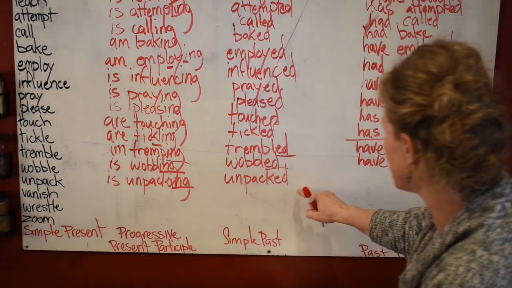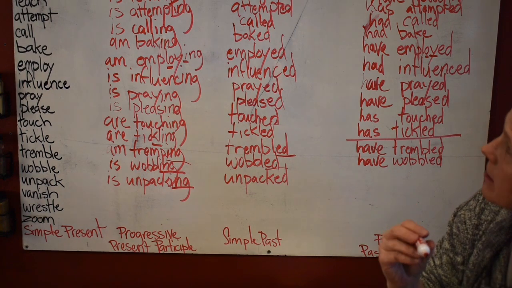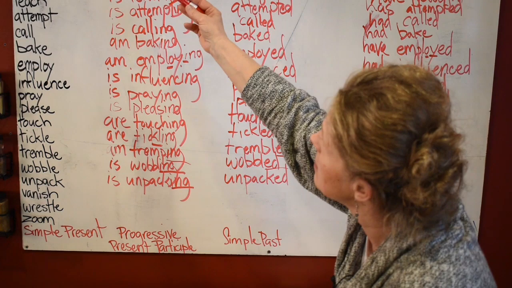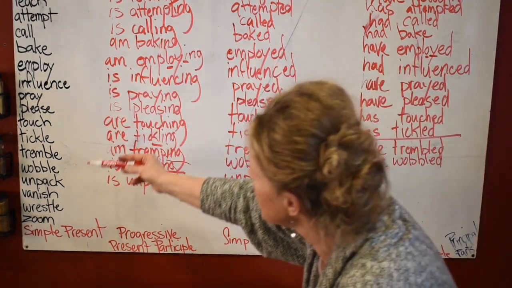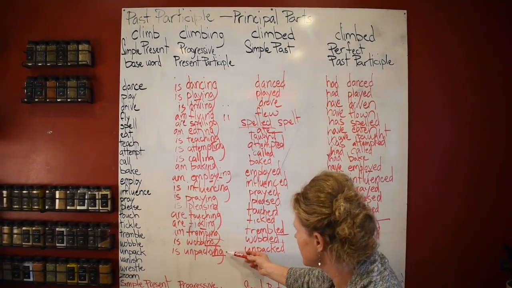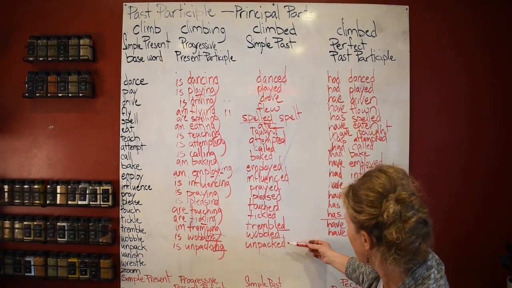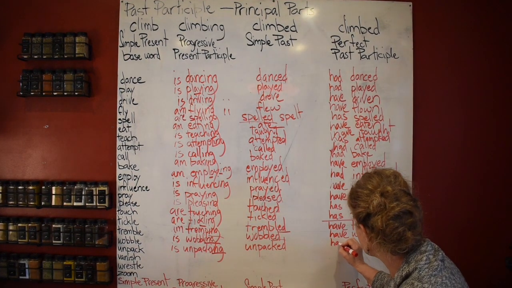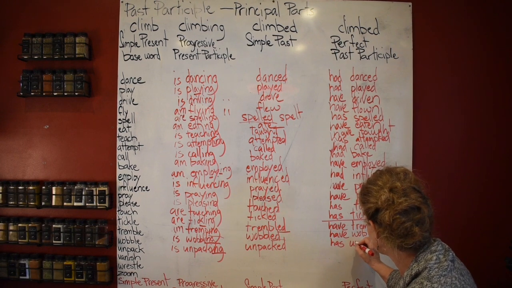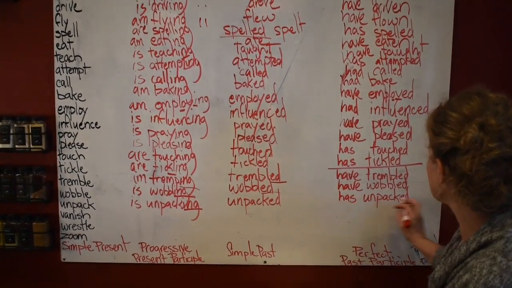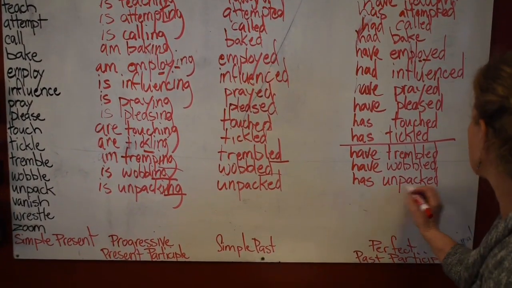You just add it on. Now look, unpacked is your simple present. It's your number 1 principal part. Unpacking is your number 2 principal part. Unpacked is the number 3 principal part, and has unpacked is your number 4 principal part.